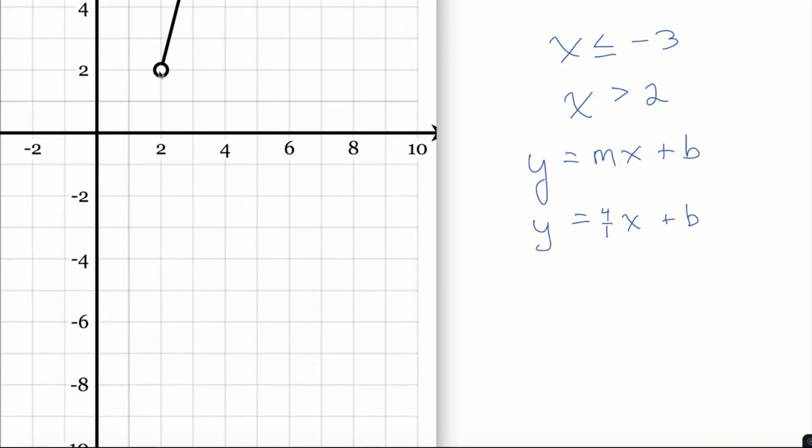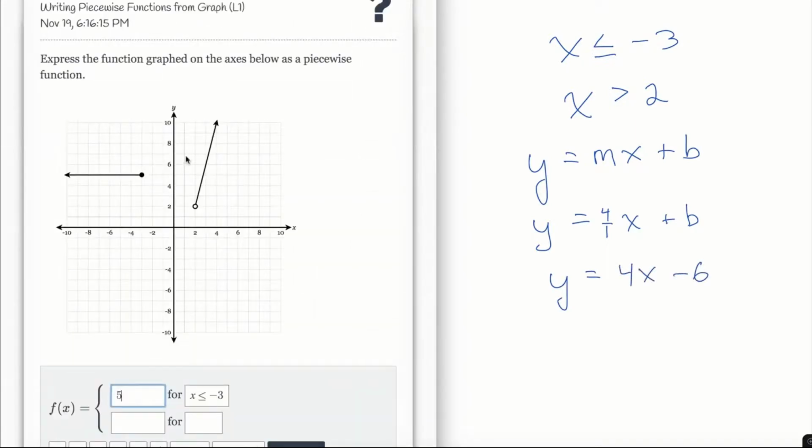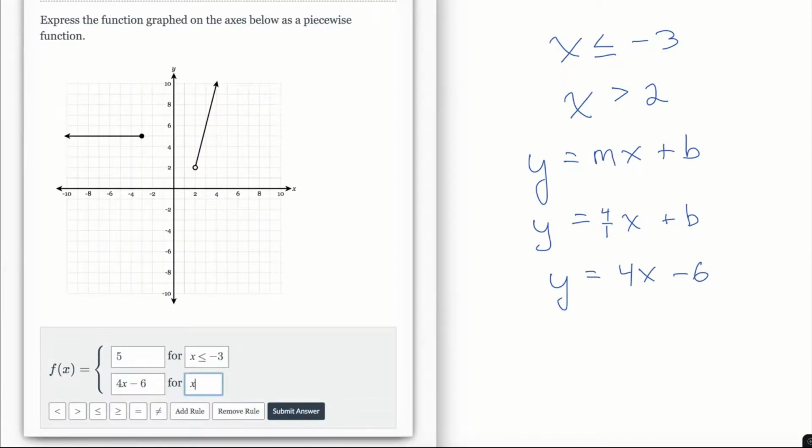So if we were to extend this line, it would extend all the way to a y value of negative 6. Therefore, the equation of the full line would be 4x minus 6. So that means the rule for this whole piece is 4x minus 6. But we would write the domain x greater than 2, which cuts it off. So we can't actually see the y-intercept of that line.